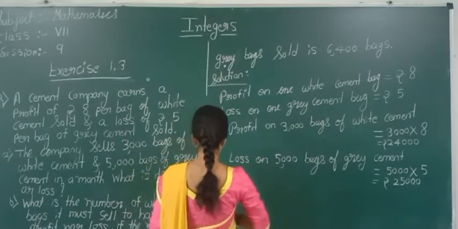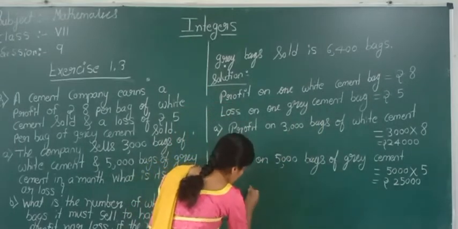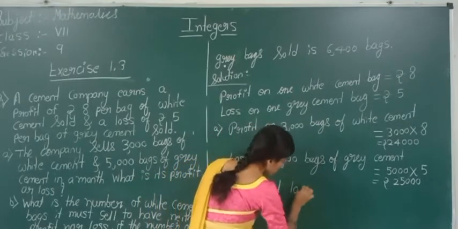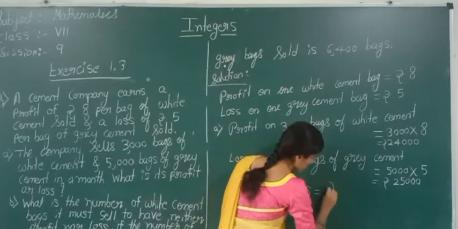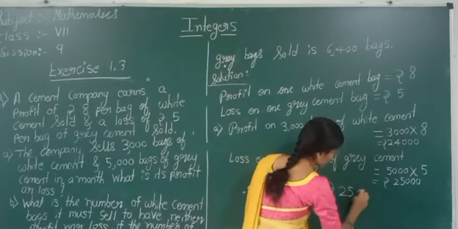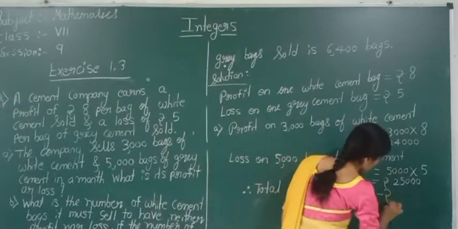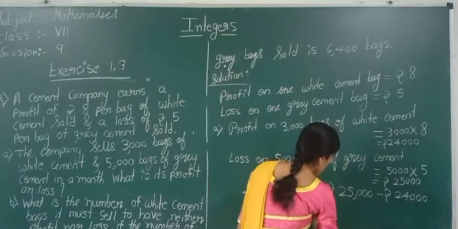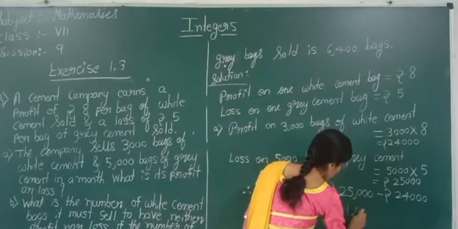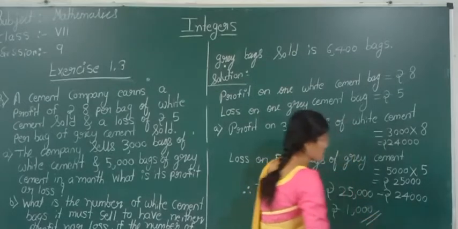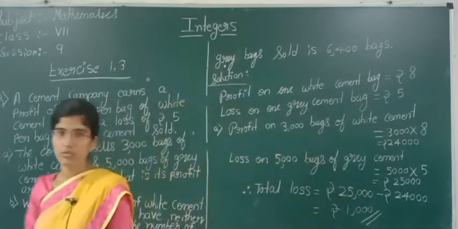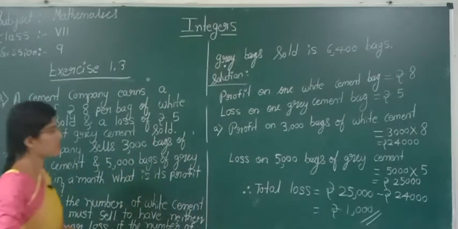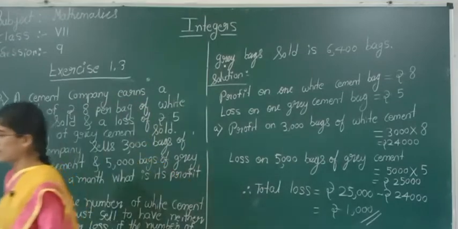Therefore, the total loss is equal to rupees 25,000 minus rupees 24,000. That is nothing but rupees 1,000. He has a loss of rupees 1,000. So this is the 8th question, A part. Now we will see the B part.